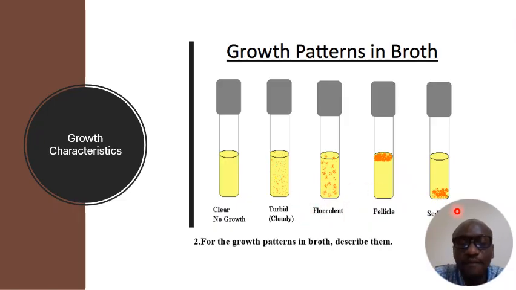Then they can also form a sediment growth. Sediment. They grow and they form sediment under the broth medium. So this pattern reflects how different bacteria interact with their environment and cause growth. So their growth in liquid cultures can be either uniform growth, pellicle formation, sediment, or flocculent growth. Don't forget that.